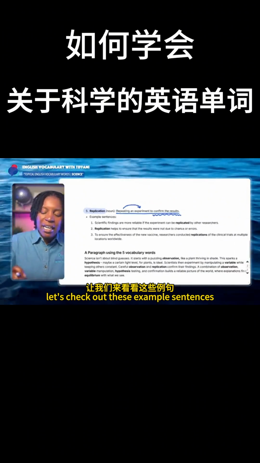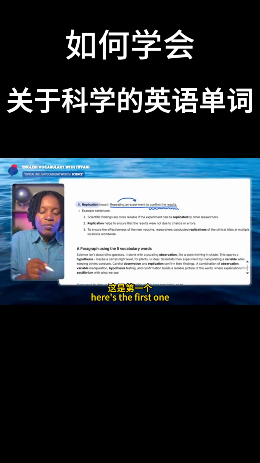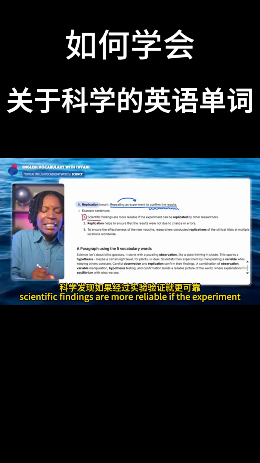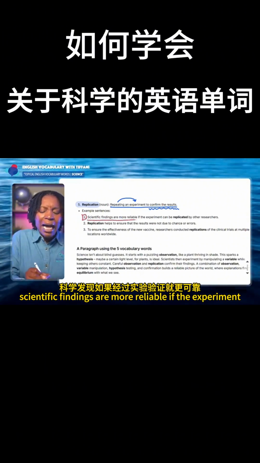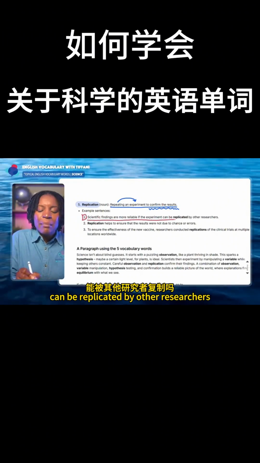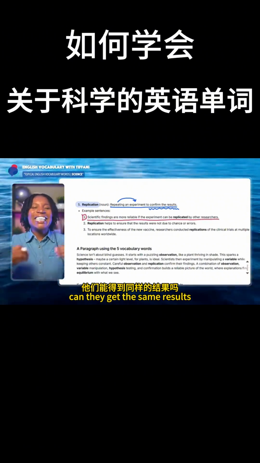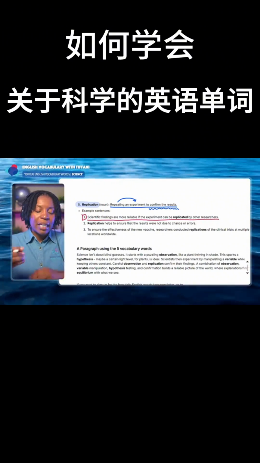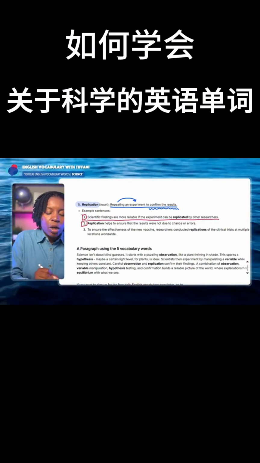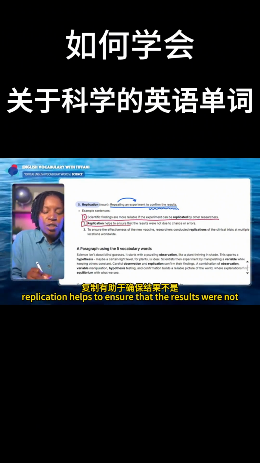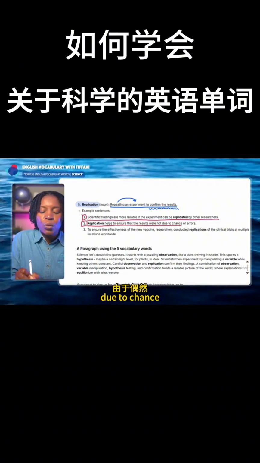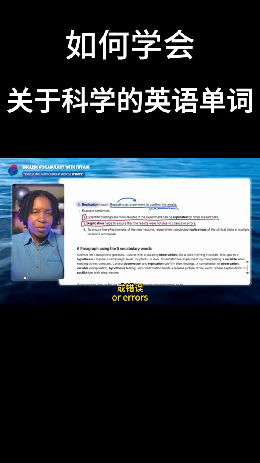Let's check out these example sentences. Here's the first one. Scientific findings are more reliable if the experiment can be replicated by other researchers. Can they get the same results? Next, sentence 2. Replication helps to ensure that the results were not due to chance or errors.